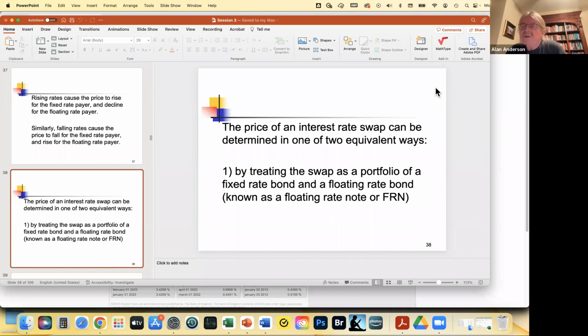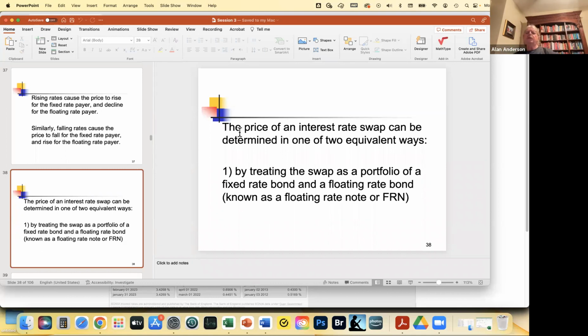But initially, the two sides are worth the same. It's like you're entering into a contract to trade two sets of cash flows that have the same values. And then after that, that can change, and it probably will change every day. So that's why there can be a price on a swap, which reflects the difference in the valuation of the two sides.